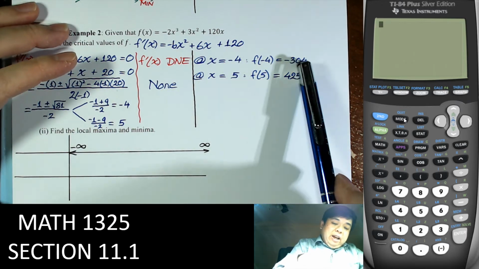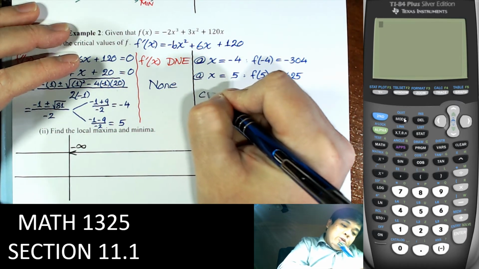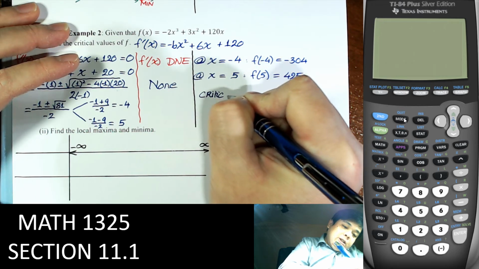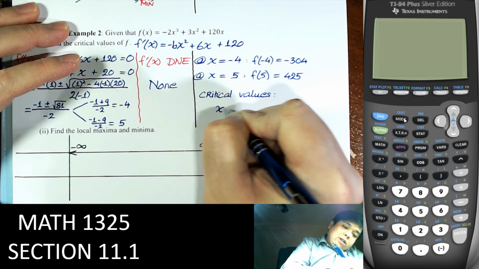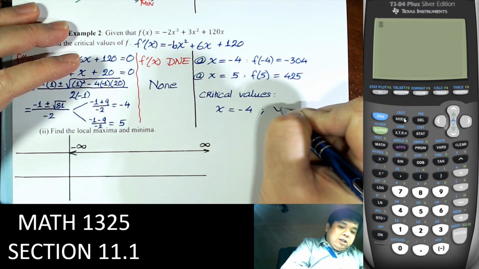Oh, by the way, since this is defined, we have the critical values: x equal to -4, x equal to 5.